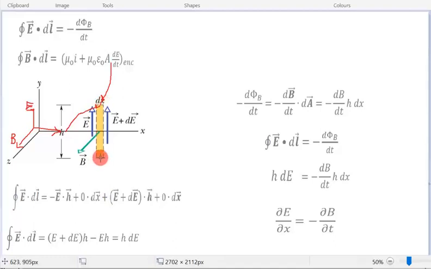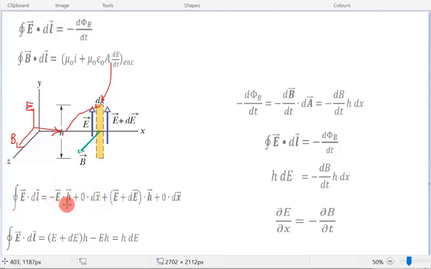We multiply by the component of E in the x-axis. As we did here, it was 0, so it is 0 here also. So it is 0 dot dx. That's what we have here.